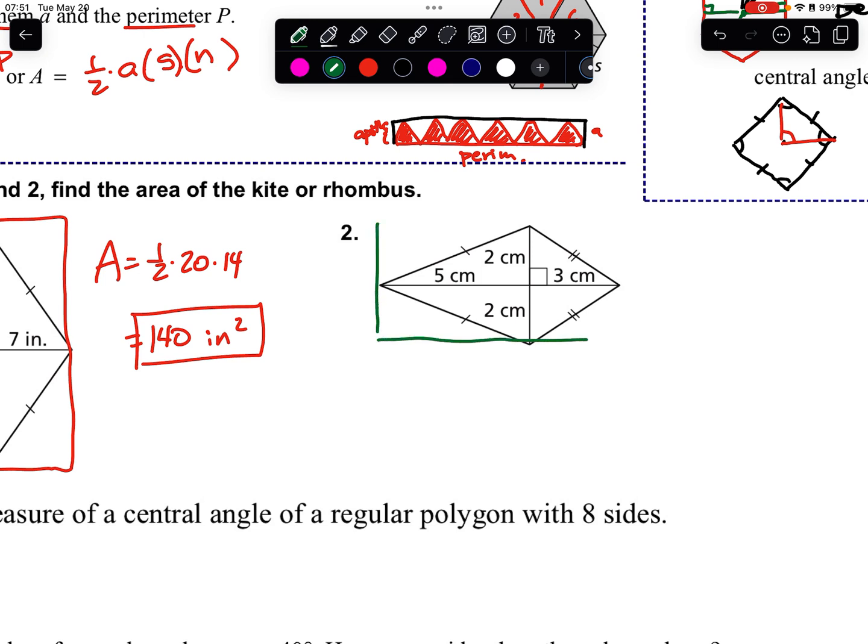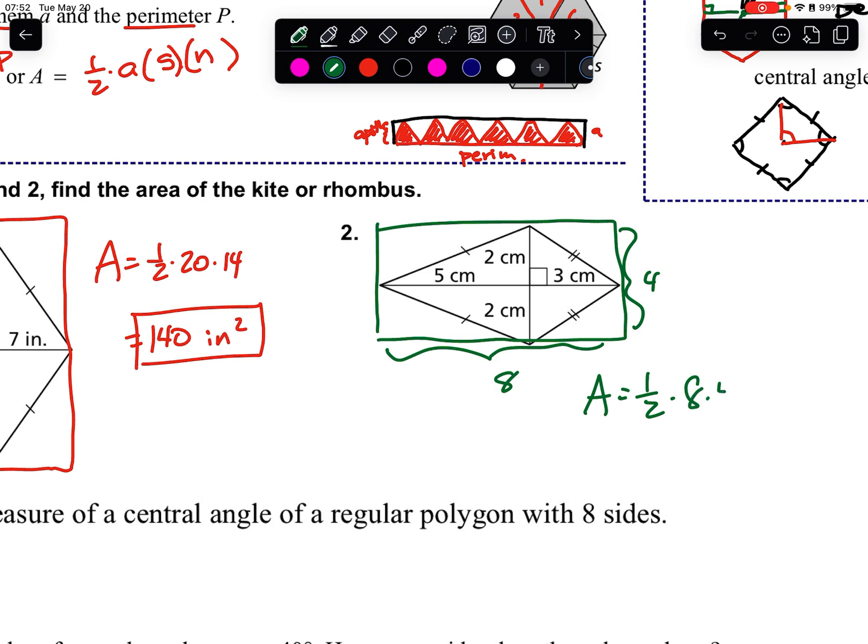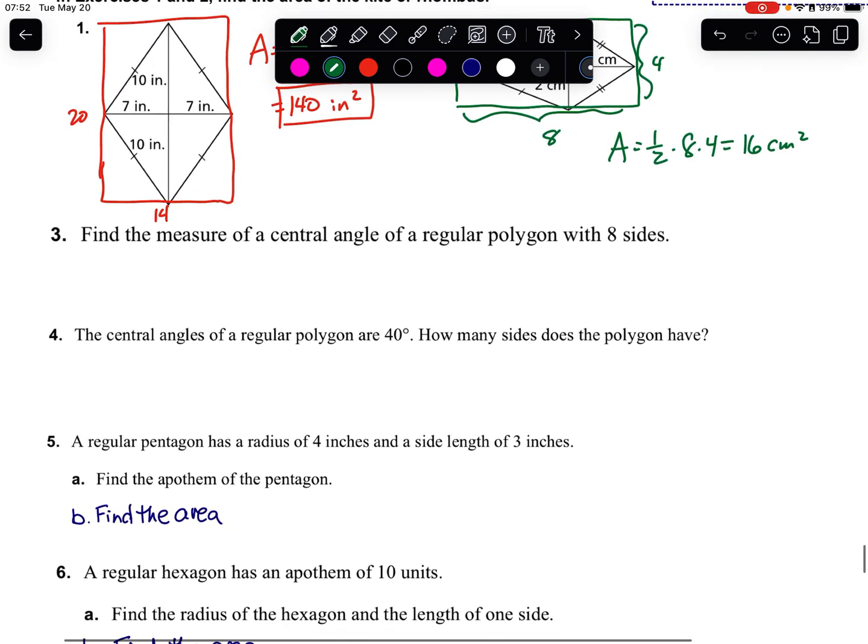Number 2. Same thing. Again, draw the rectangle around it. And notice that we have 8. Notice that we have 4. So area equals 1/2 times 8 times 4. 16 square centimeters.